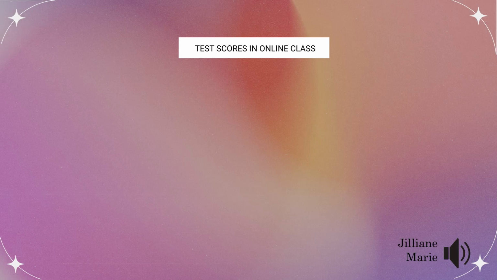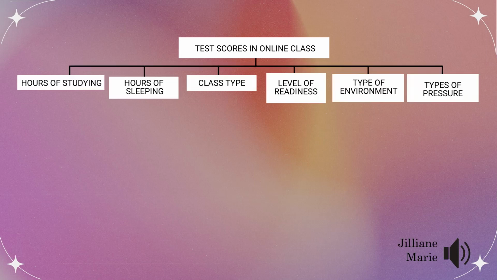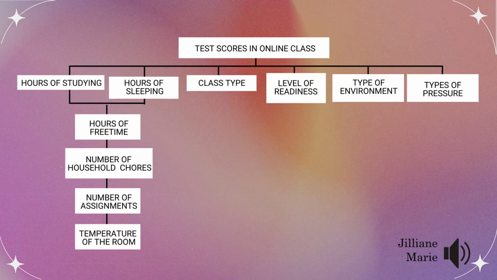After an extensive discussion about the subtopics under the main variable, the group has factored 6 different variables into the framework, including hours of studying, hours of sleeping, class type, levels of readiness, types of environment, and types of pressure. Test scores or exam performance is influenced by a number of factors, one of which is the hours of studying.